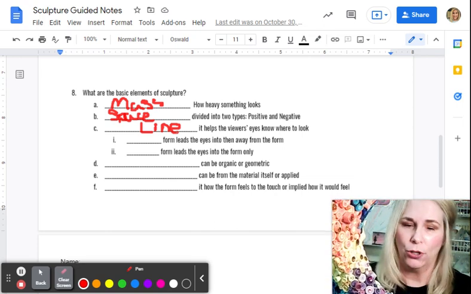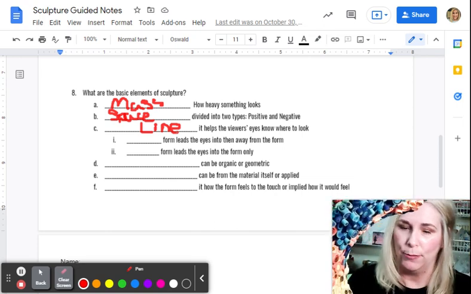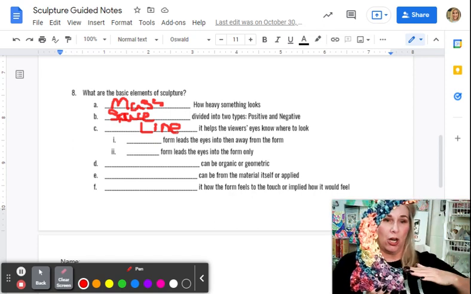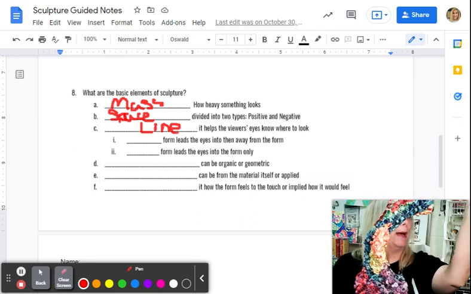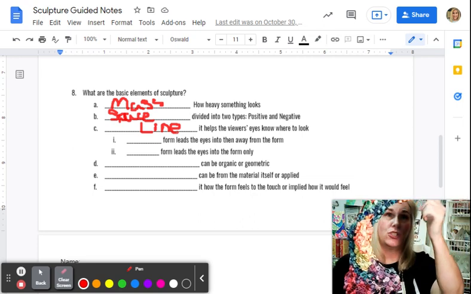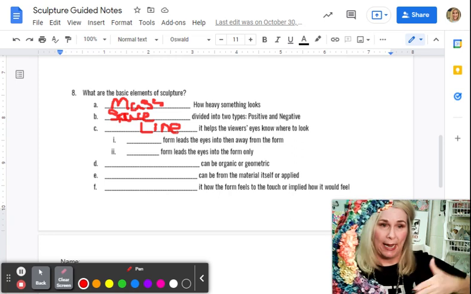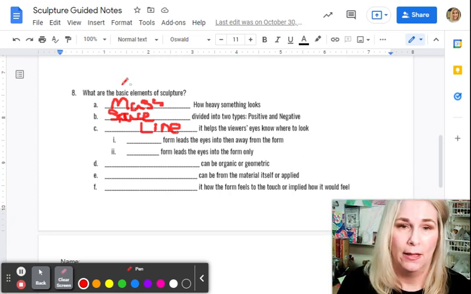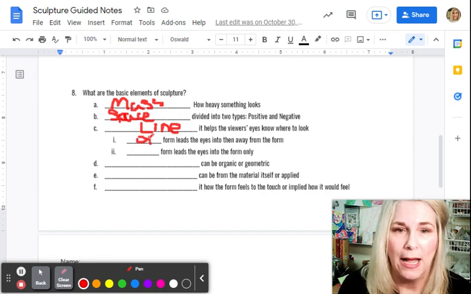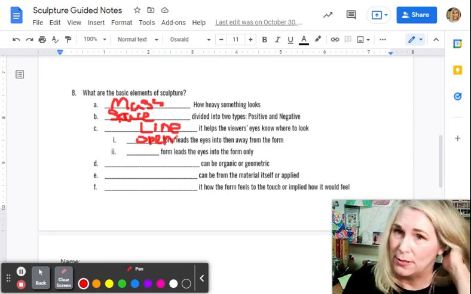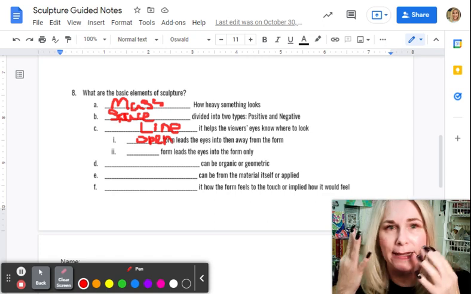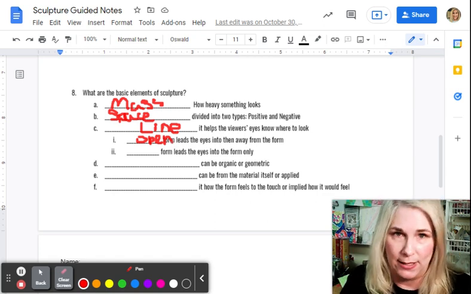If you were to look at it either from the top or the bottom, your eye starts either here and goes up and out, or you start up here and you go down and out. So this is open. This is open when your eye goes out. When I'm back, I'll show you some examples of this better, but I think this is so cool. And we do it intuitively. The brain does it, and then we came up with these standards.